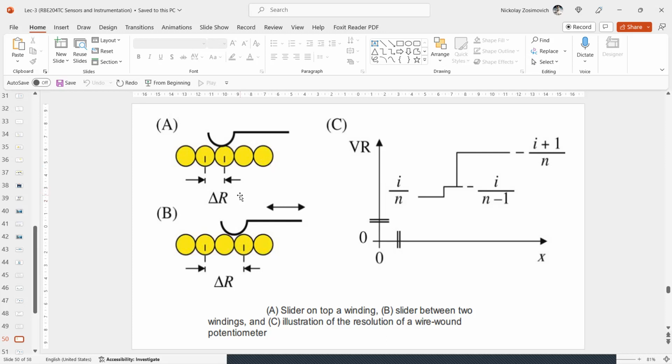At a wiper position on top of turn I, VR equals I over N. On top of the next turn, it increases to I plus 1 over N, as you can see here.